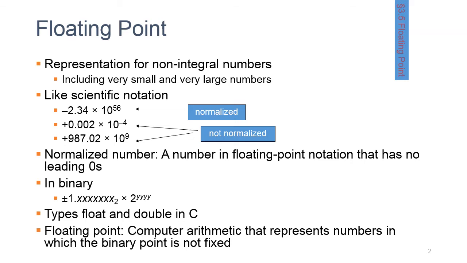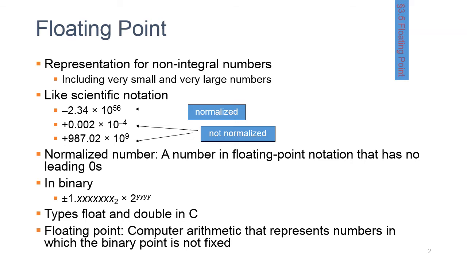For example, 1.0 times 10 to the power minus 9 is in normalized scientific notation. But 0.1 times 10 to the power minus 8 or 0.01 times 10 to the power minus 10 are not normalized numbers.